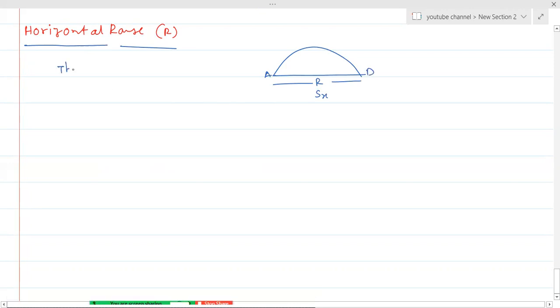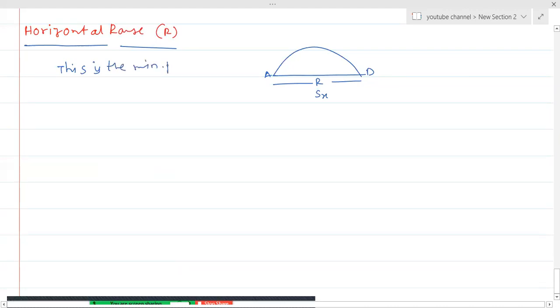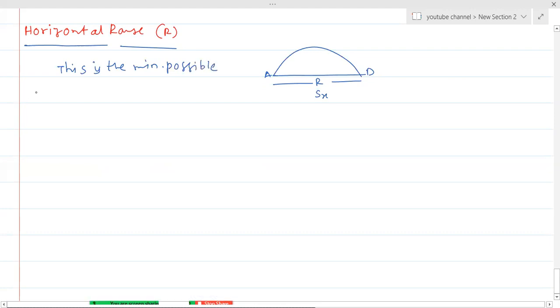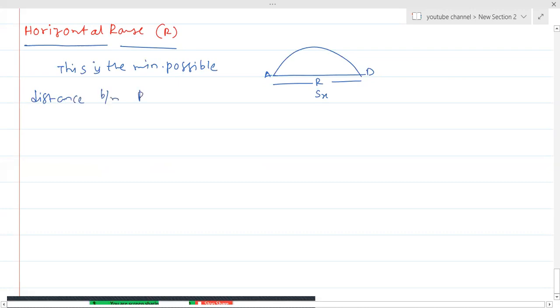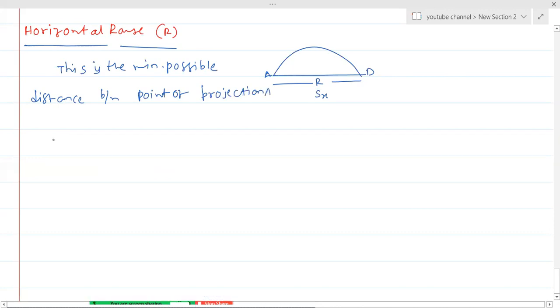This is the minimum possible distance between the point of projection A and the point of striking.